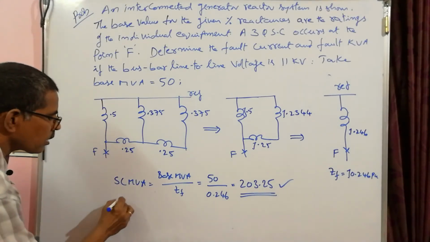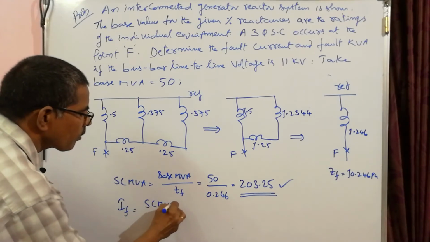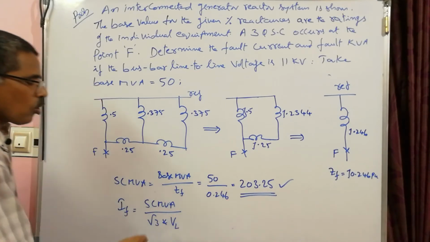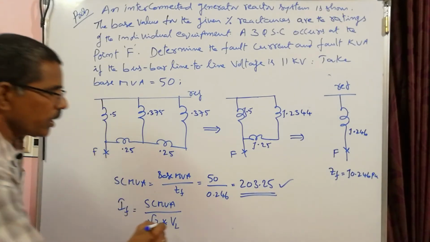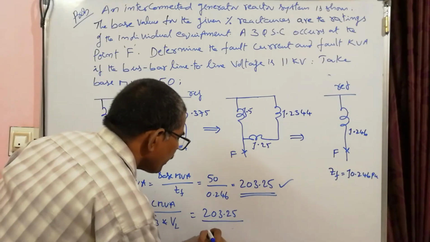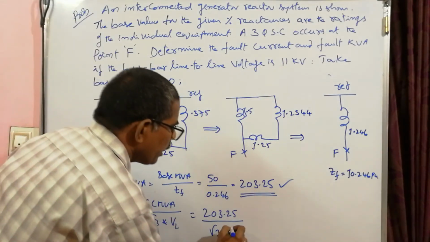Then fault current, IF is short circuit MVA by root 3 into VL, nominal line to line voltage, that is 203.25 divided by root 3 into what is line voltage, it is 11.